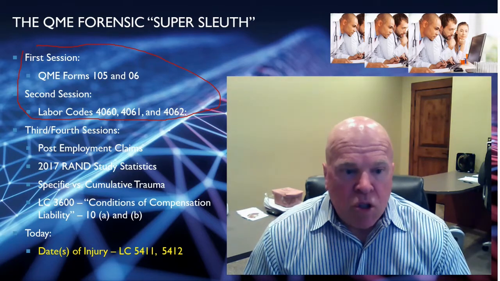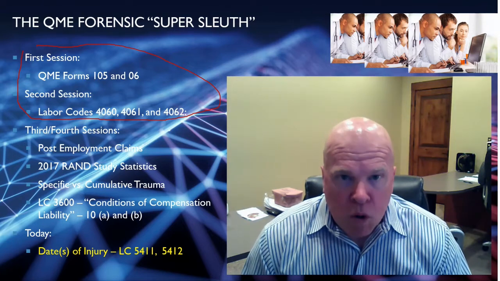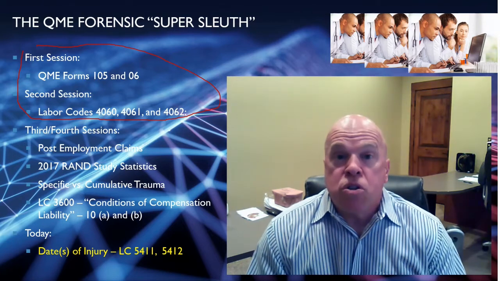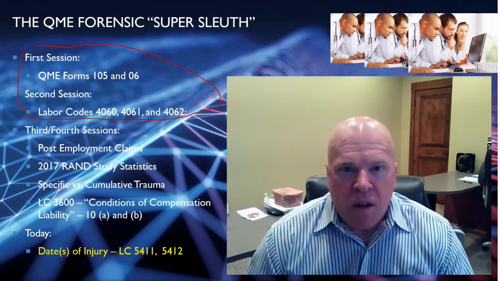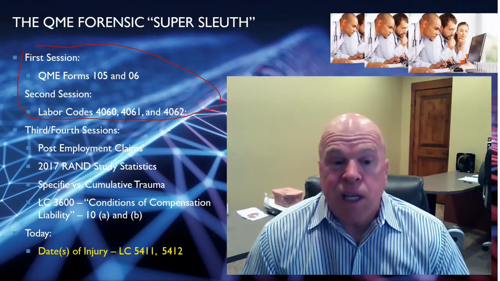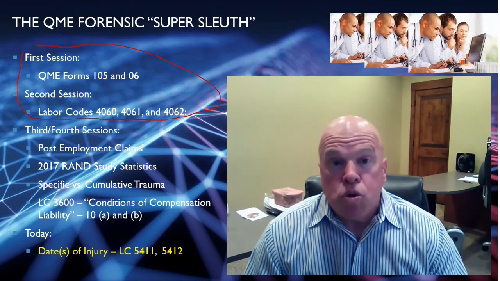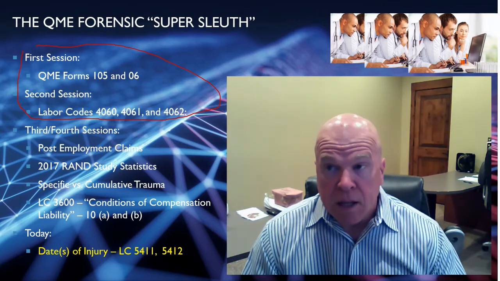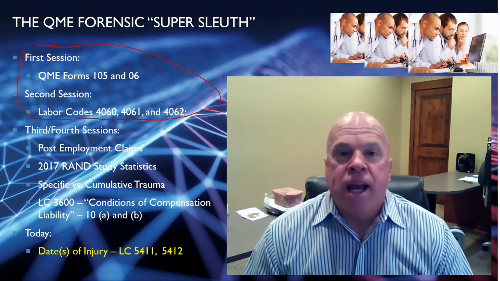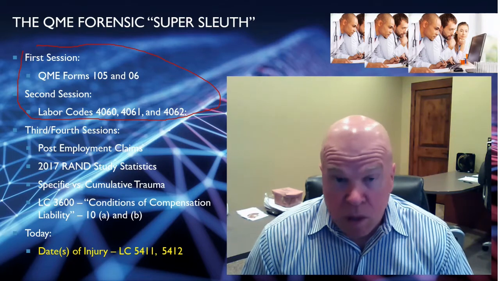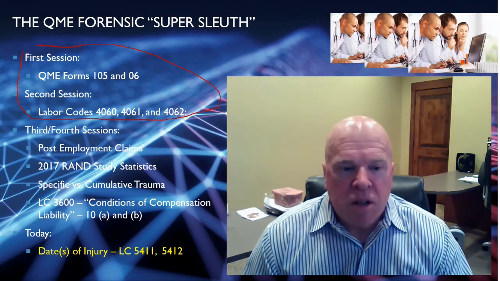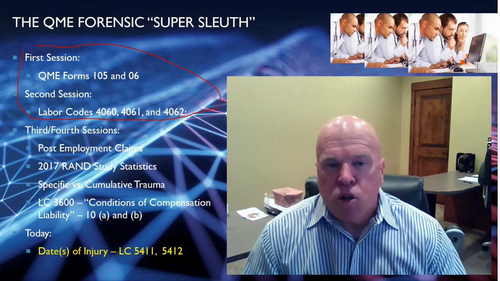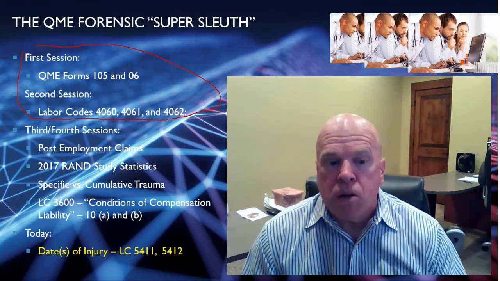So we talked about some of the statistics regarding post-employment claims, and I have a few more statistics to share with you today. We talked about what the 2017 RAND study had to say about post-employment claims in general, and specifically what they had to say about post-employment cumulative trauma types of claims. We talked about the differences between specific and cumulative trauma post-employment claims.